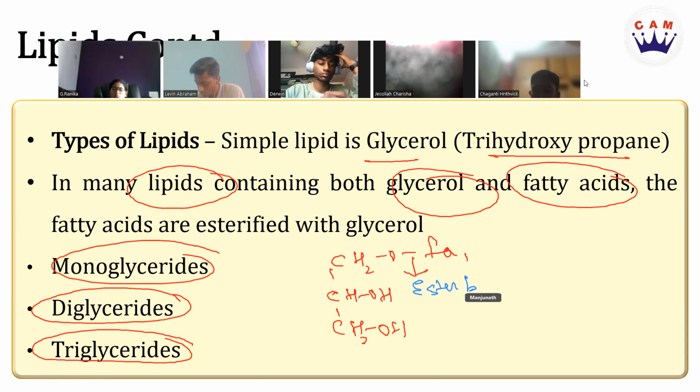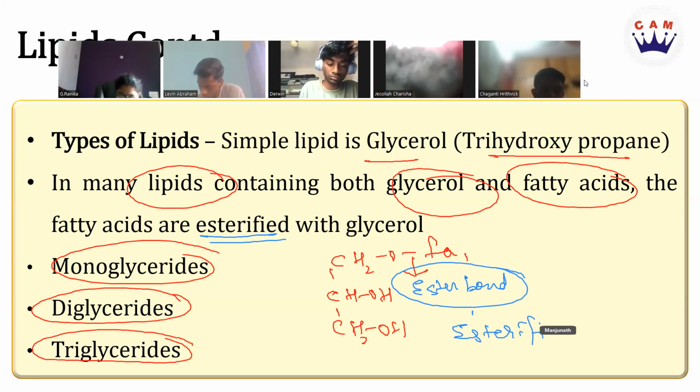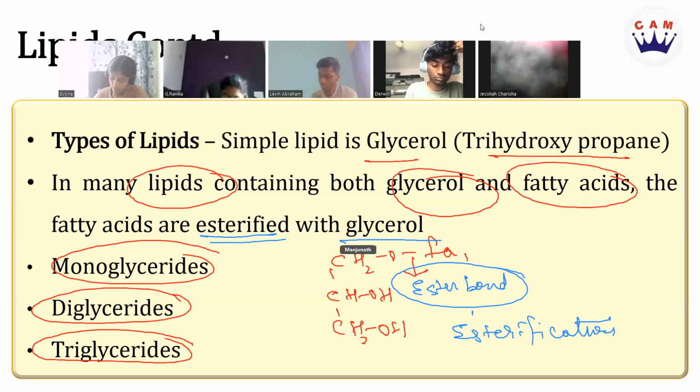Very, very important for NEET examination. And the reaction is called as esterification. Make a note of it, very important. The fatty acids are esterified with glycerol. Next.